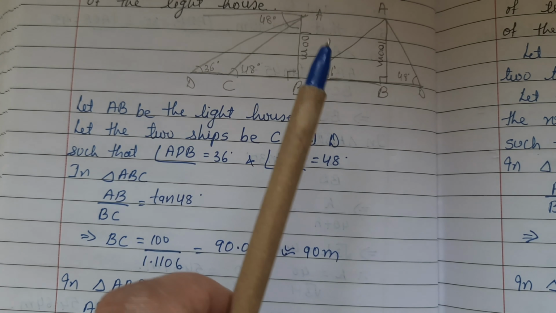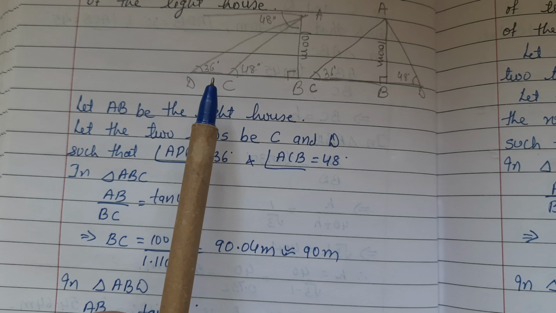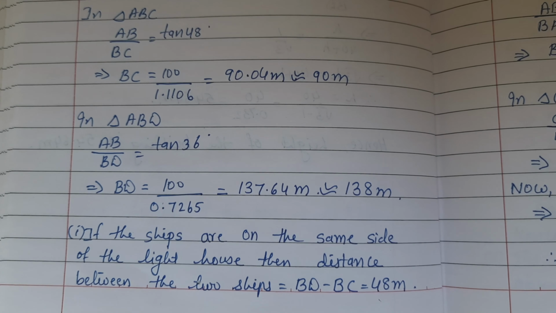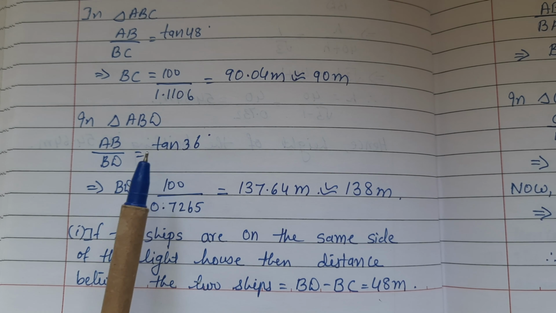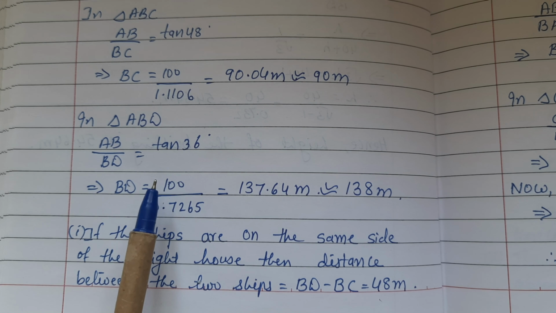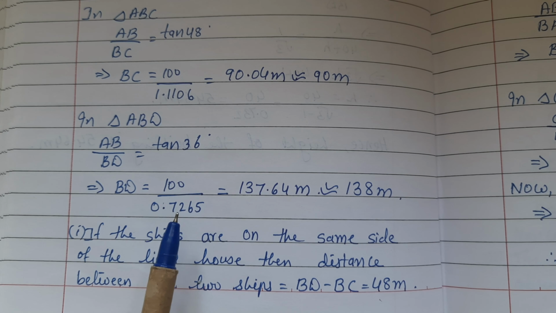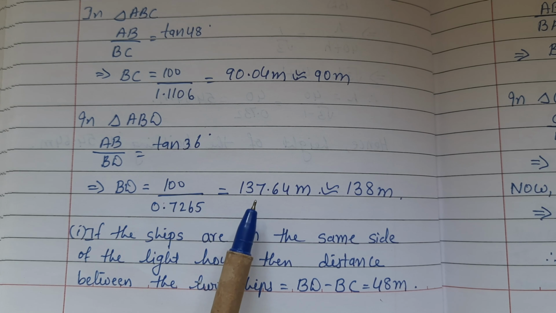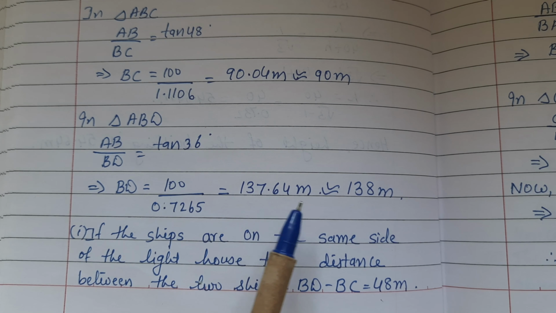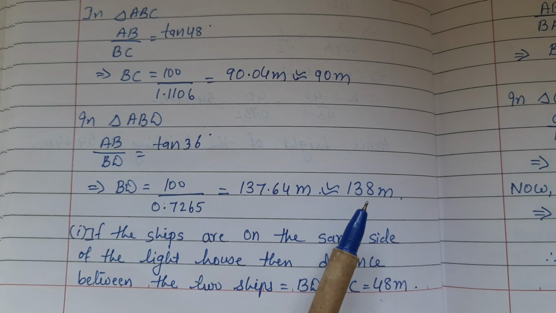In triangle ADB, AB upon BD equal to tan 36 degree, therefore BD equal to 100 upon tan 36, which is equal to 0.7265. 100 upon 0.7265 is equal to 137.64 meters, which is nearly equal to 138 meters.